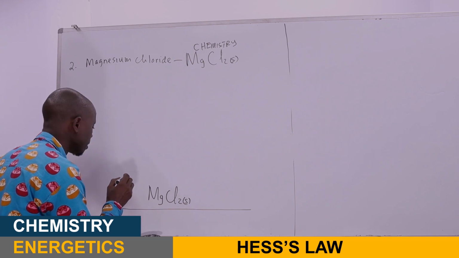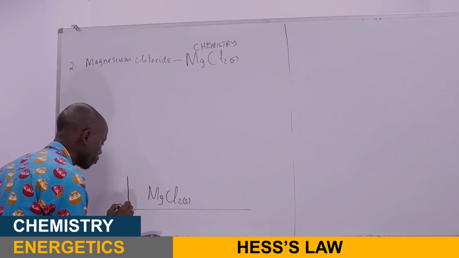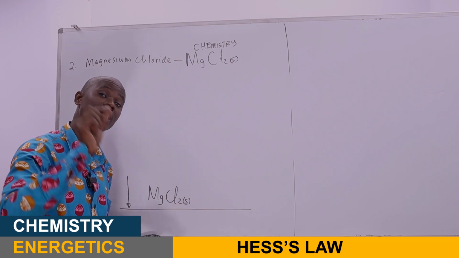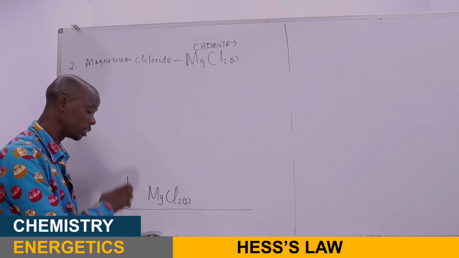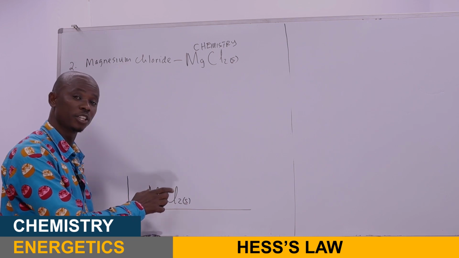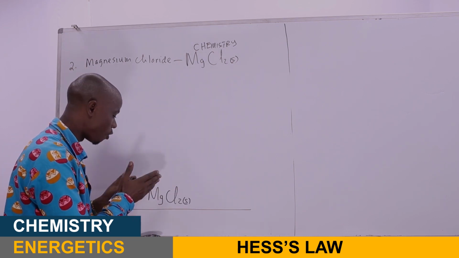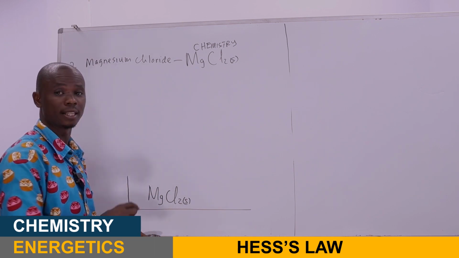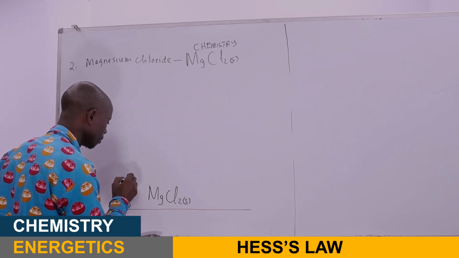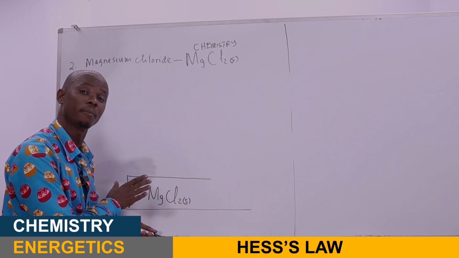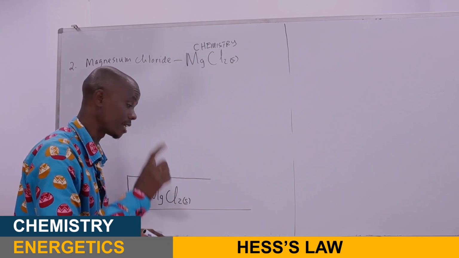Now from there, at the top of it, because the enthalpy of formation of this compound is exothermic, the arrow is pointing downward. So at the top, you write the symbol for each element that has been used to make this compound. But the symbols of these elements should be in their pure standard states, as I said.